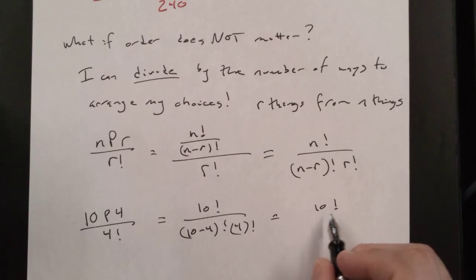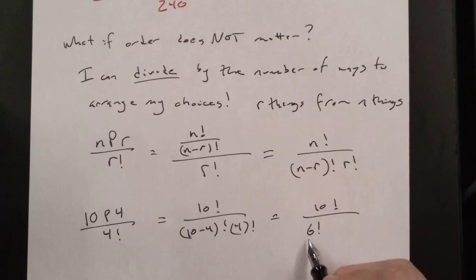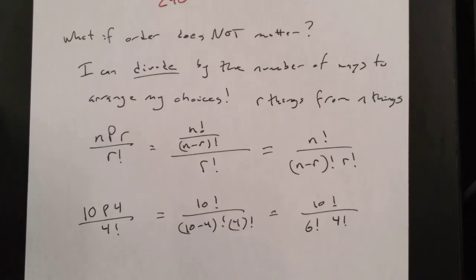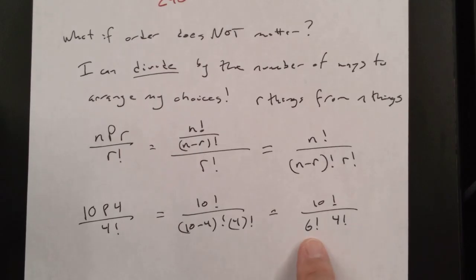This is 10 factorial over 6 factorial. That was the same as before, but now there's another 4 factorial on the bottom. If I do all of the canceling, I'd get 10, 9, 8, 7 on the top, right? But that would only cancel this part. I'd still have 4, 3, 2, 1 on the bottom.